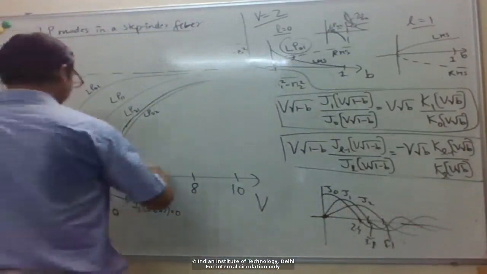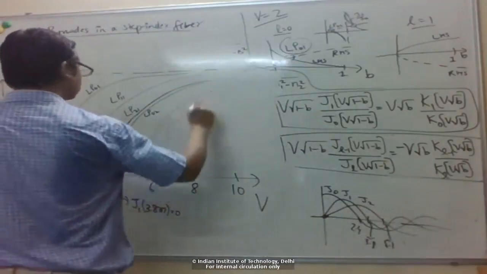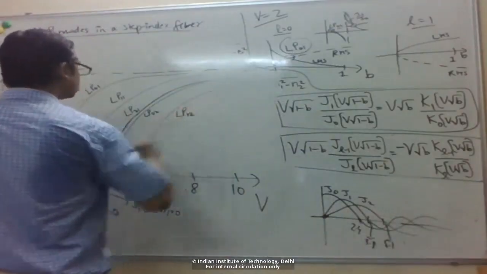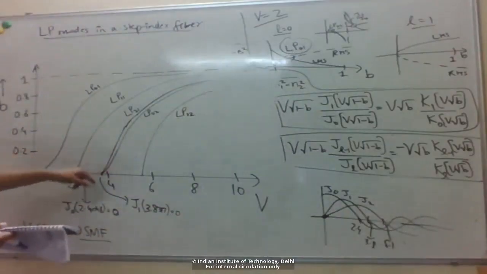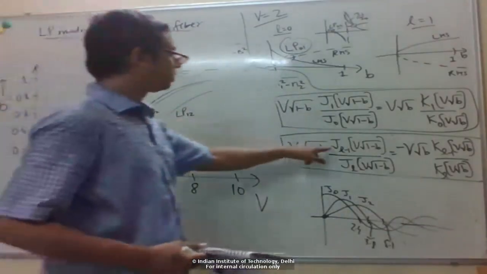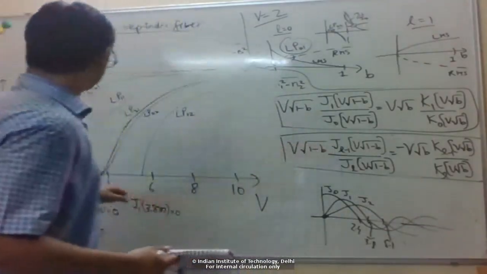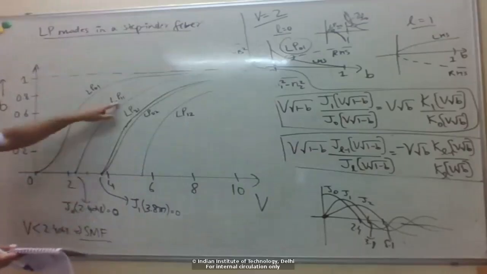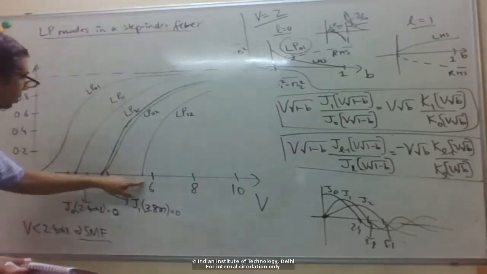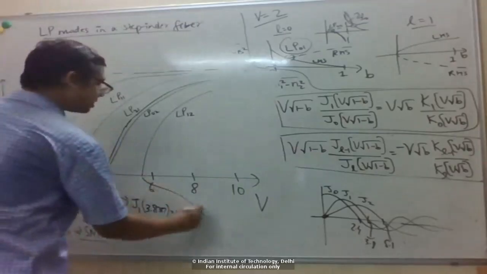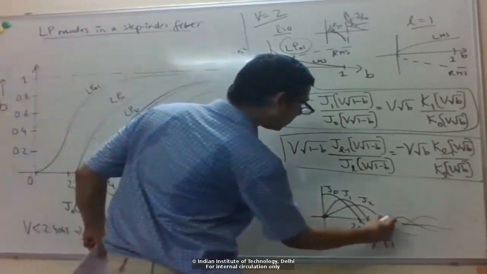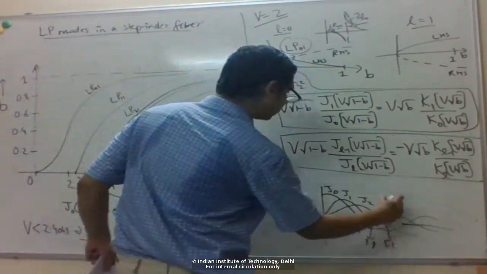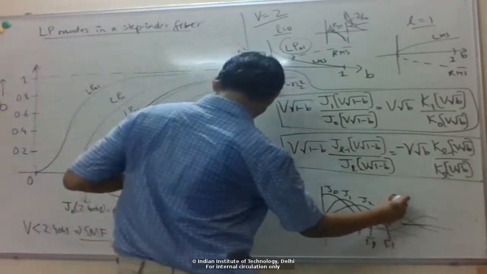And then the next mode will be LP12. This will happen when, for L equal to 1, we have J0 by J1. The first root gave me the first solution, the second root of J0, when J0 crosses 0 again, happens here at 5.52.